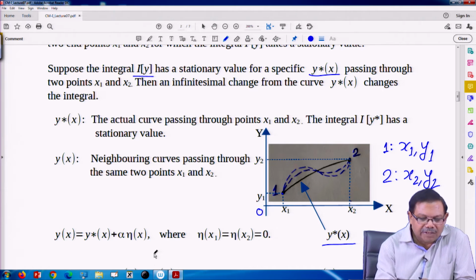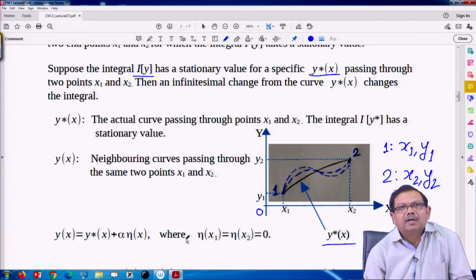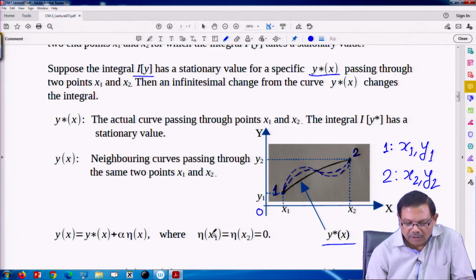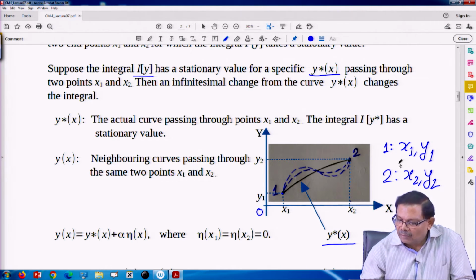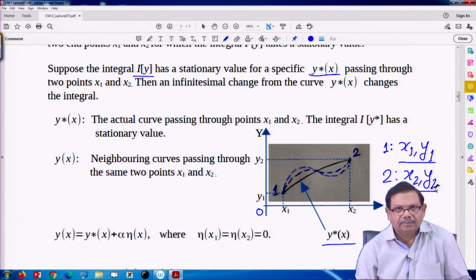So, y star is the actual curve and y of x without star are possible neighboring curves, and all the curves pass through point 1 and point 2, x 1 y 1 and x 2 y 2, which is common for them.